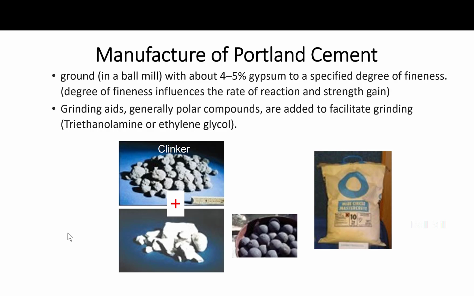After cooling, the clinker is then ground with about 4 to 5% gypsum to a specified degree of fineness. Usually certain grinding aids, generally polar compounds, are added to facilitate grinding, such as maybe ethylene glycol.